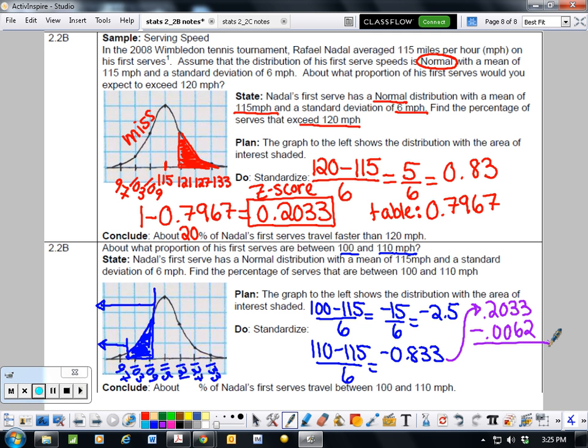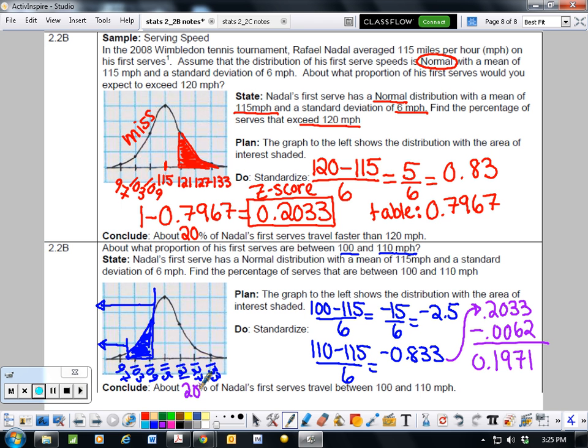Grab my handy dandy calculator. That gives me 0.1971, which means about 19.7%, or you can round it to 20%, are between 100 and 110 miles per hour.